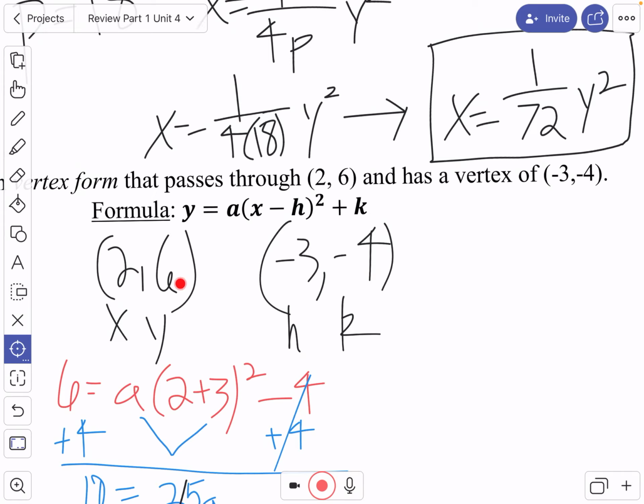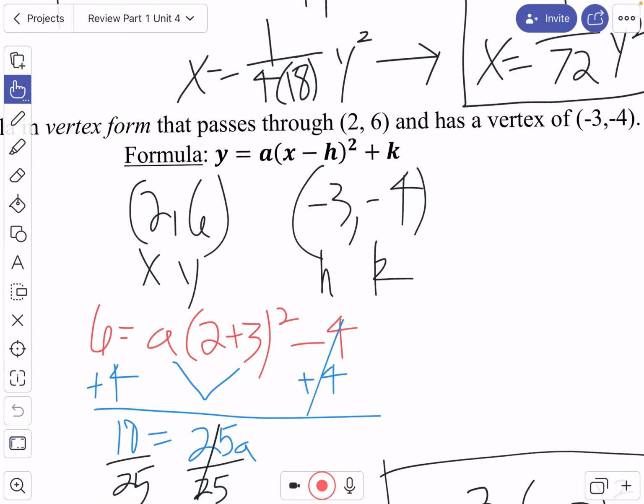So y equals 6 equals a times x minus h. So a times x is 2 minus h would be minus -3. If you minus a negative number, it's the same thing as adding it. So that's why I wrote 2 plus 3. And then it's squared plus k. And k was -4. So I just throw on a -4 at the end there.